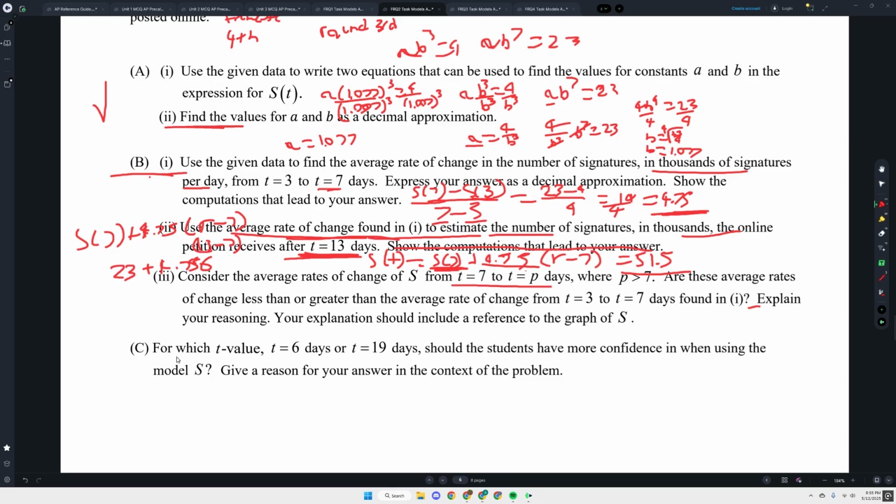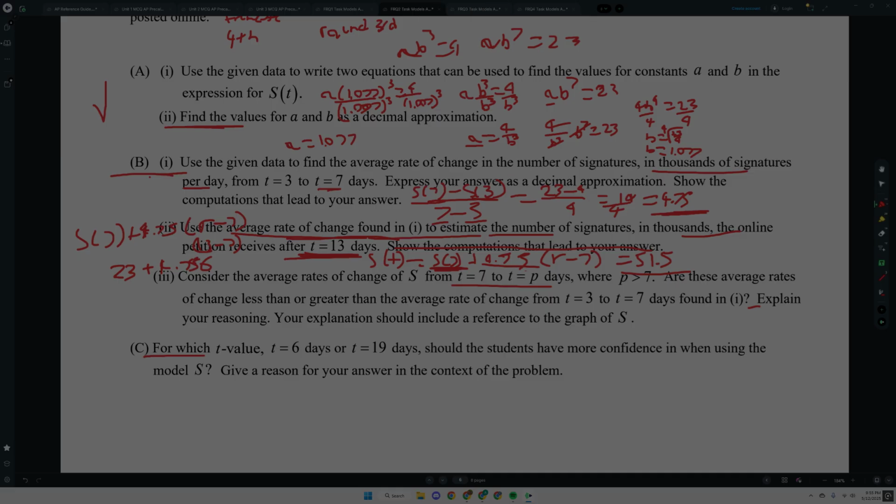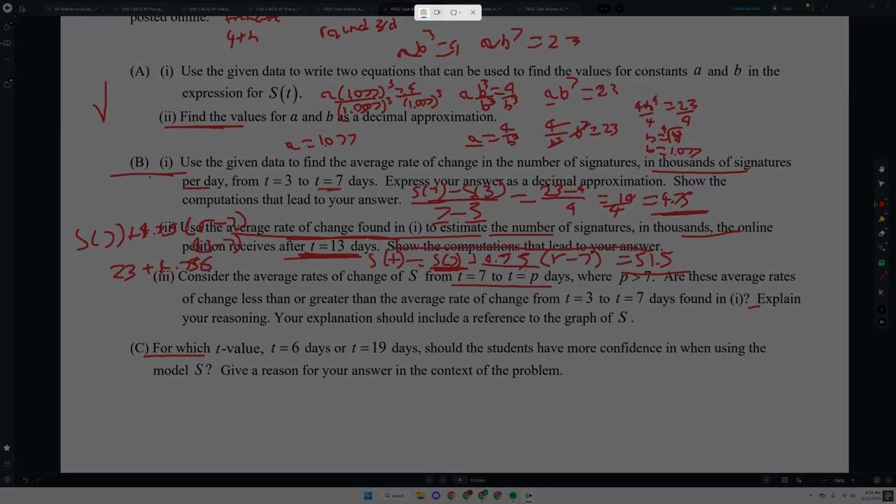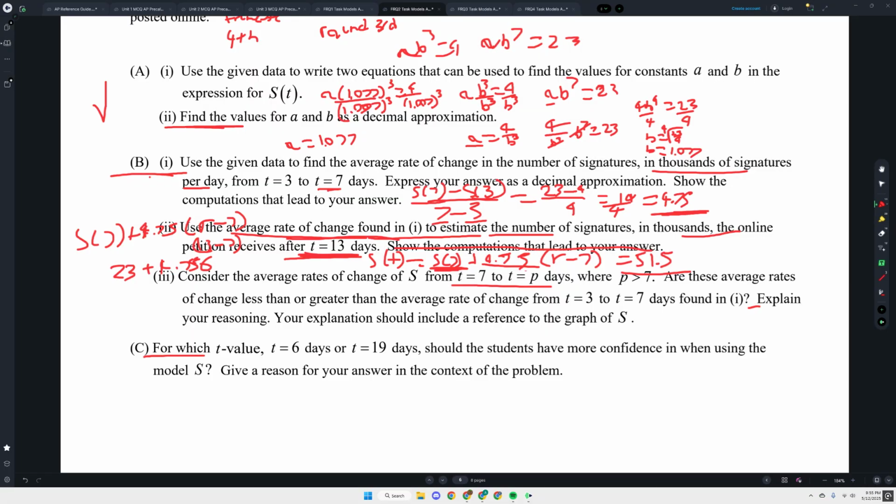Alright. Finally, C. The answer for C is pretty long, so I will just put the answer because I'm not writing all that down. This is the answer for C and this is the answer for B III. The first one is C. The second one is B III. And that's what your answer should include. It should include that vocabulary.